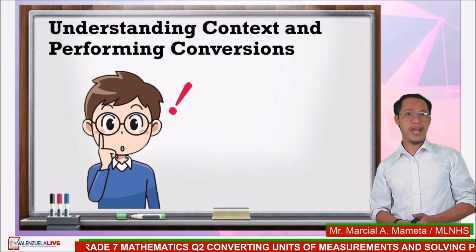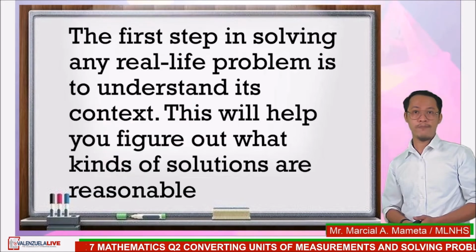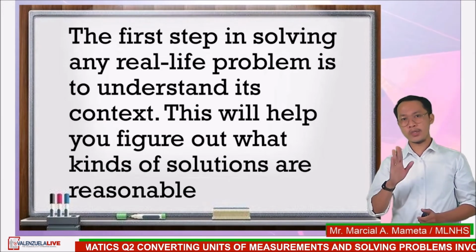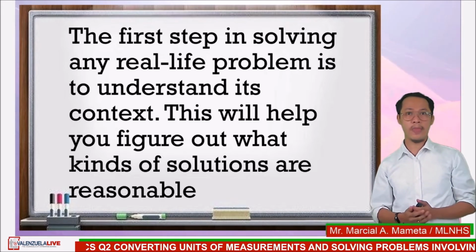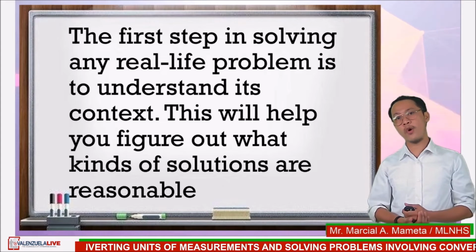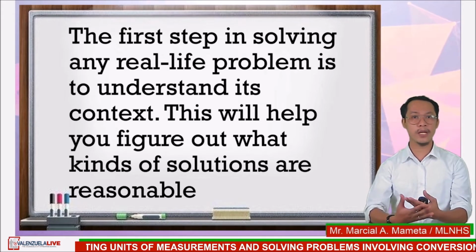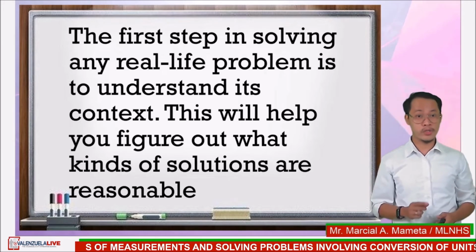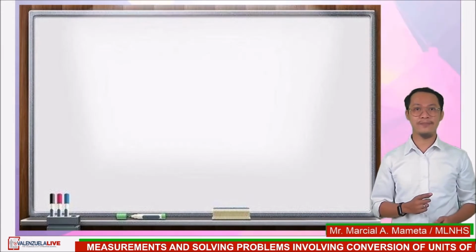Understanding context and performing conversions. The first step in solving real-world problems is to understand its context. This will help you figure out what kind of solutions are reasonable. The problem itself may give you clues about what types of conversions are necessary.